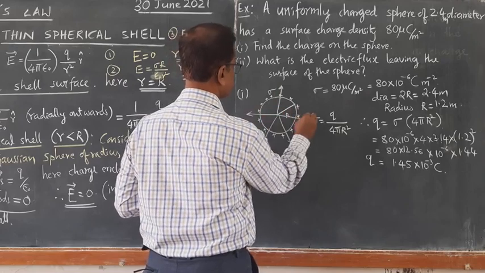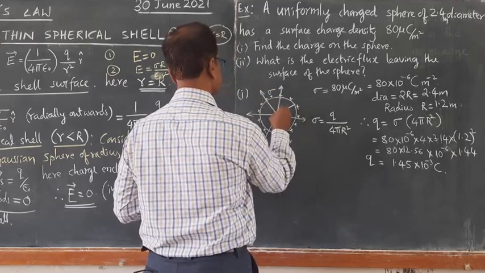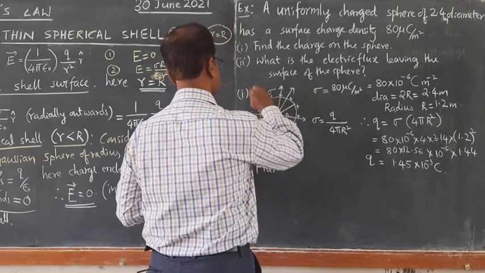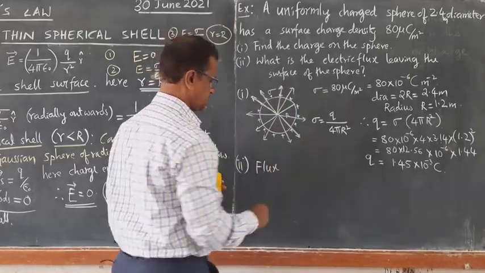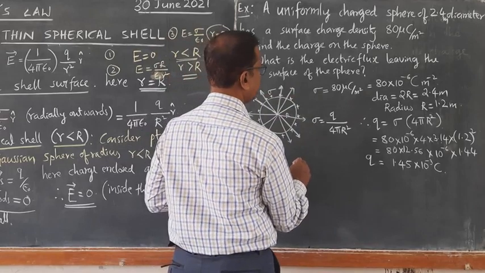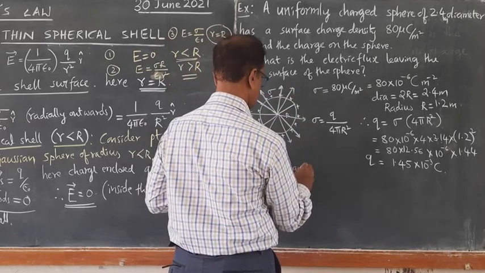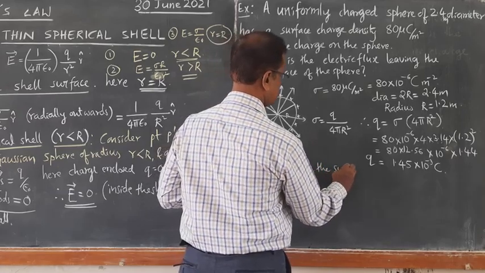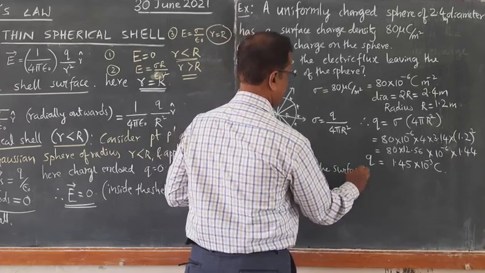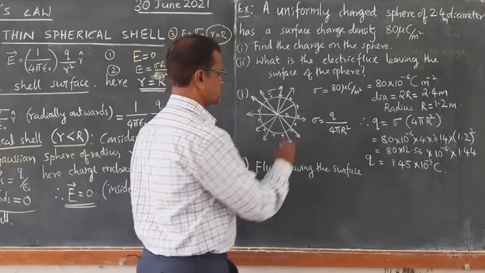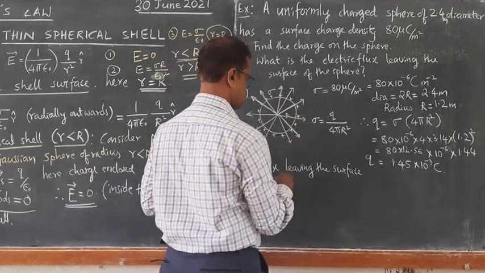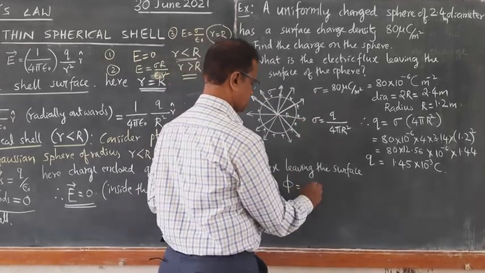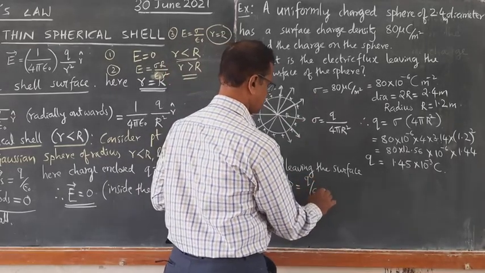So this is the total flux, the radially outward flux, the flux leaving the surface, the total outward normal flux. If you just call it flux, phi is equal to Q by epsilon naught.